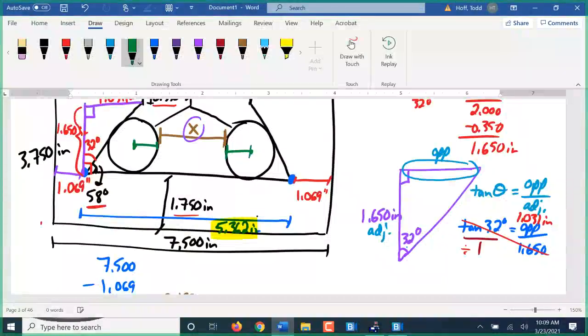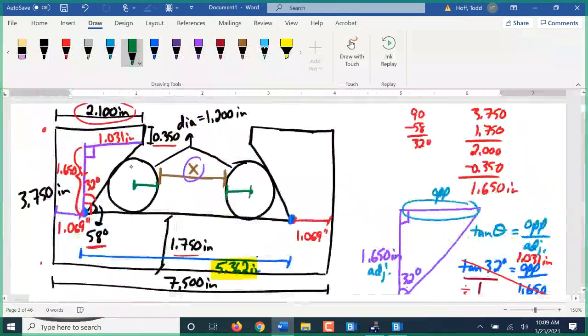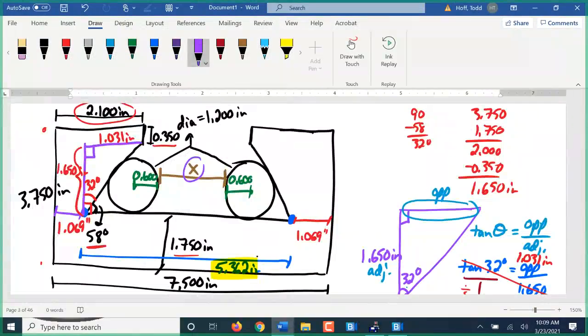Of course, that's a 1.2 inch diameter circle. This is a 0.6 inch radius. So we need to know the distance from this blue dot over to the center of the circles. And to find that, I'll do it over here, it'll be less cluttered.